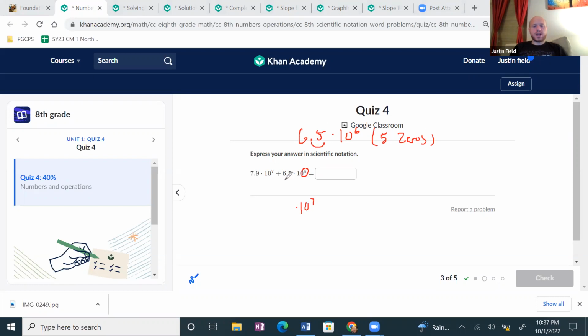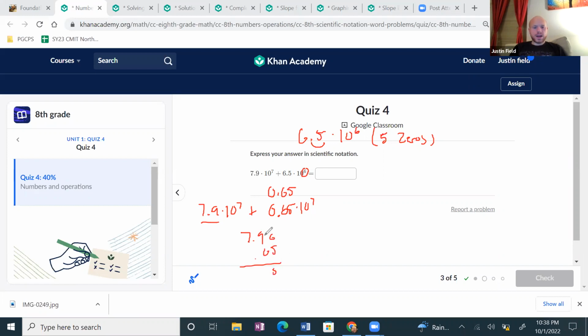So that means I would need an extra decimal move. So I'm going to make it like that. Then there's 2 decimal moves and then 5 zeros. So we can do that in class. If that didn't make sense to you, that's okay. So I got 0.65 and 7.9. So I'm going to add those together.